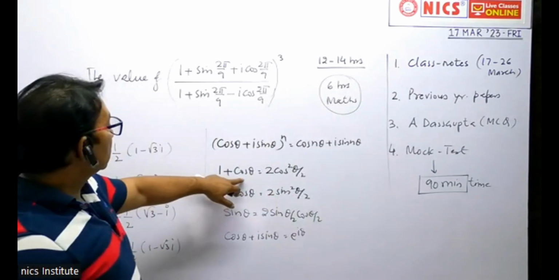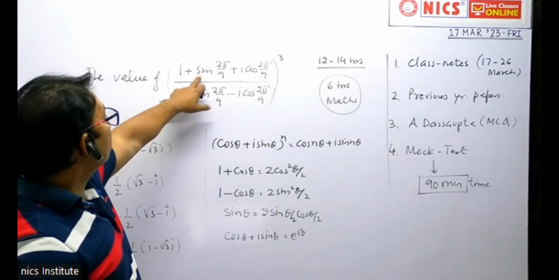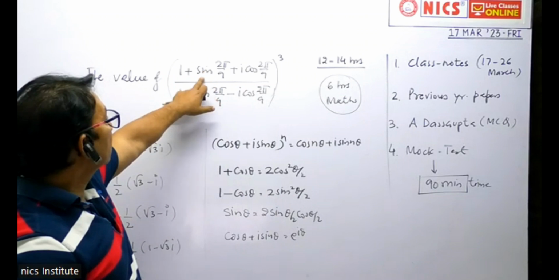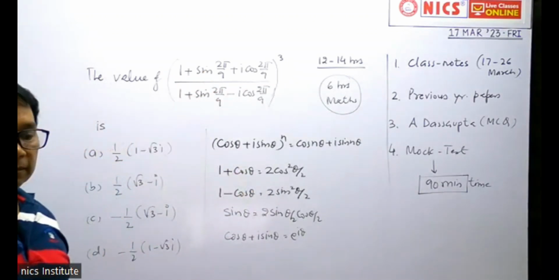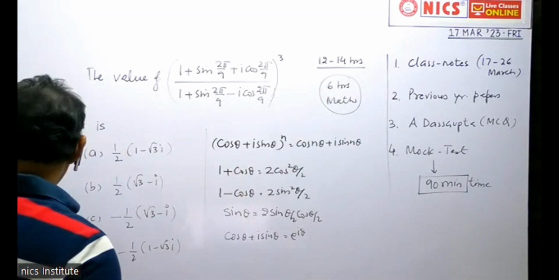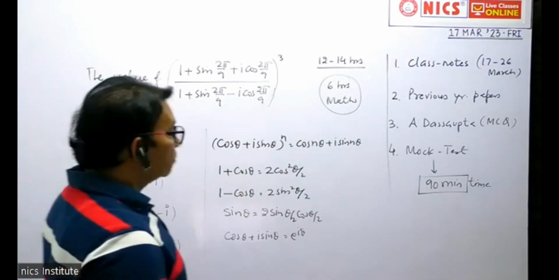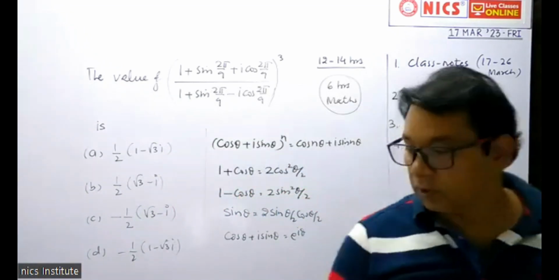We can use 1 plus cos theta, but the problem is we have 1 plus sin theta. You can convert sine into cos, cos into sine, then you can use half angle formula.